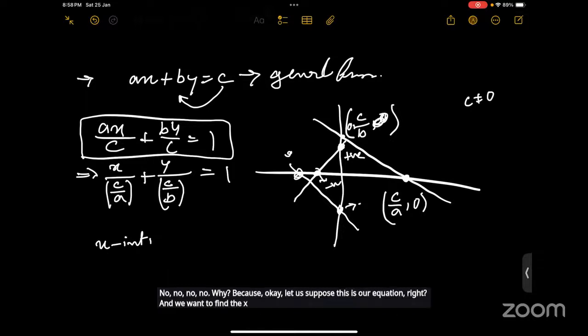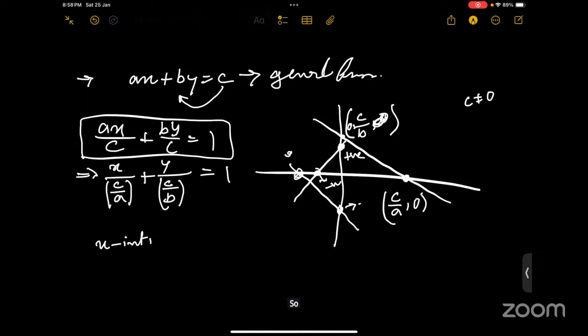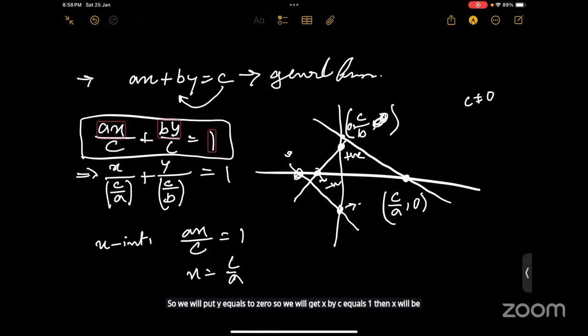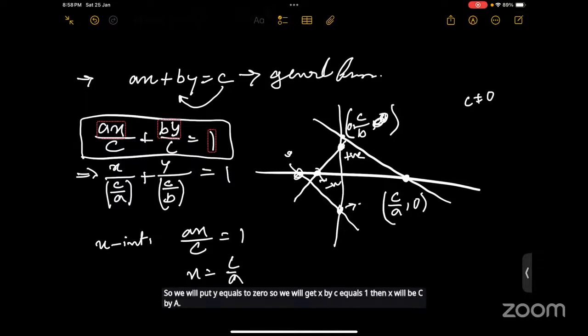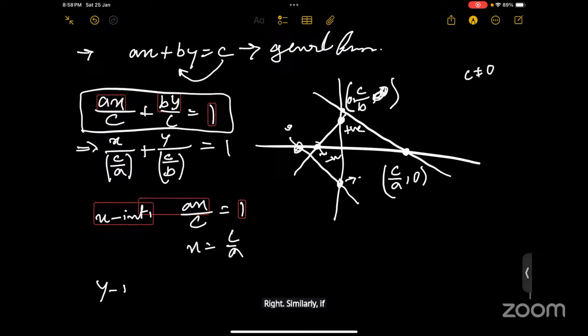That means we will put y equals to 0, because the x-intercept will lie on the x-axis, so the y-coordinate will be 0. So we will put y equals to 0, so we will get x by c equals 1, then x will be c by a, right? Similarly, if you want to calculate the y-intercept, then you have to take x equals to 0.